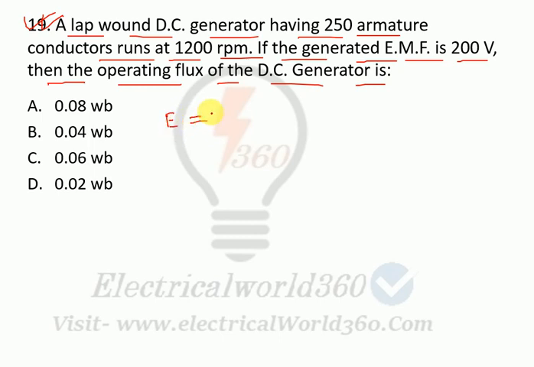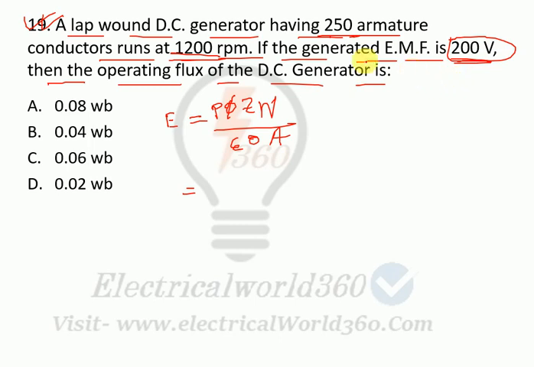As we know, E equal to PϕZN by 60A. So here in the question, we can see N equal to 1200 and Z equal to 250 and E equal to 200 volt. That means the generated EMF is 200 volt. Okay.